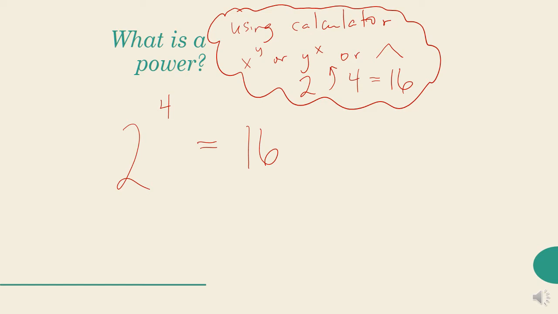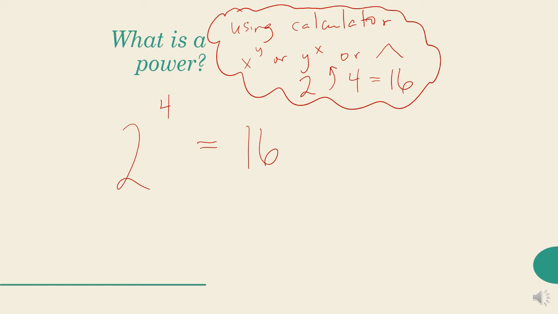If you can't figure out where your button is, take a screenshot of your calculator and email it to me, send it to me in Teams, or go into the Teams help and do the same thing so I can help you figure this out. But make sure you get 2 to the exponent 4 equals 16.